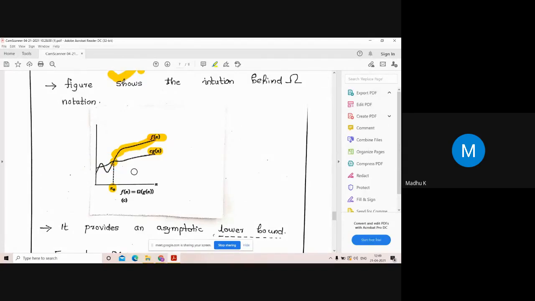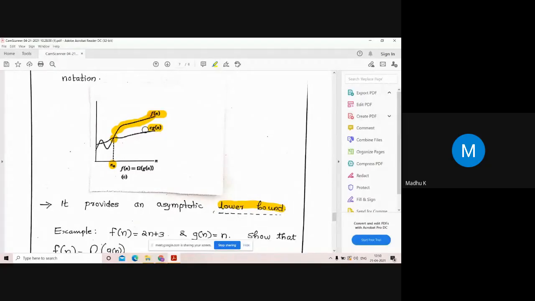F of n should always be greater than c into g of n. Lower bound. That is, f of n never goes below g of n. Okay, it never goes below g of n after n0.